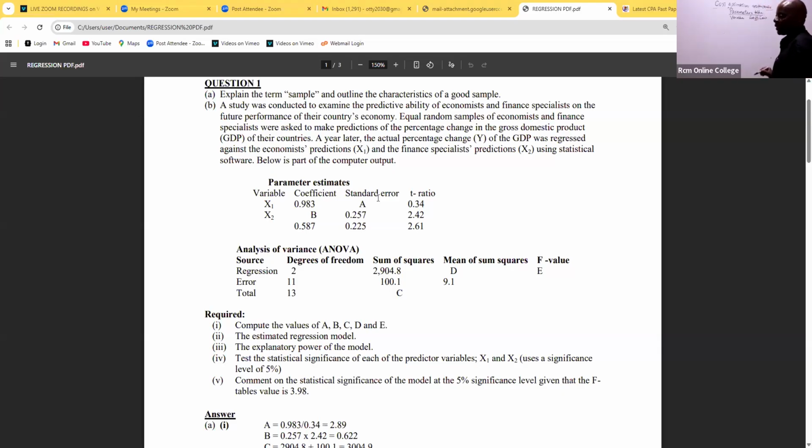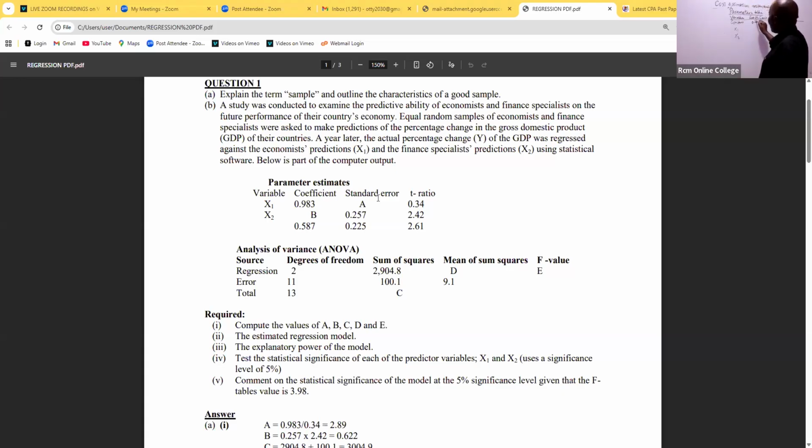I have standard error. We have the T ratio. Okay, so constant is what was missing. And then now we have x1. We have x2. Just allow me to finish copying this down.